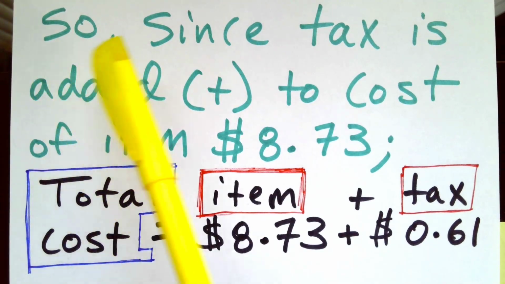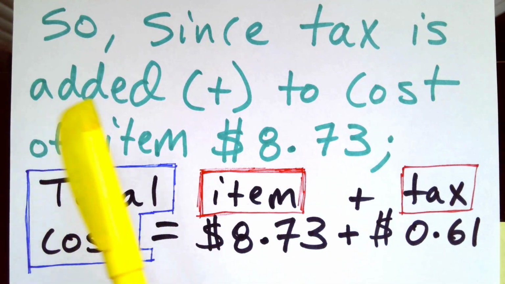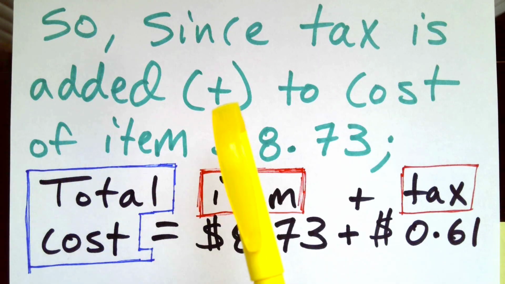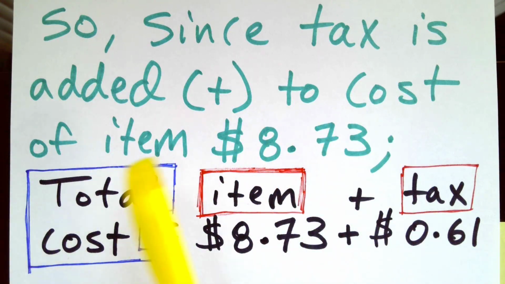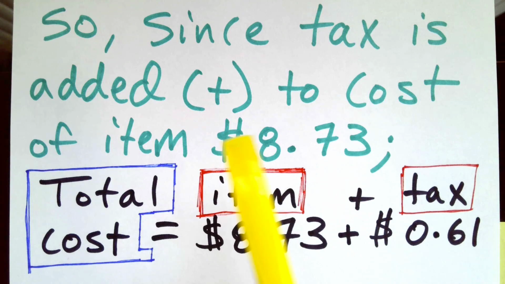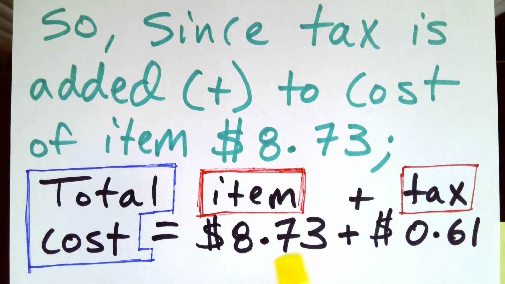So, since tax is an addition, or we added it to the cost of the item, in this case $8.73 for the pair of socks, your total cost will equal the item, in this case again $8.73, plus the tax, which would be 61 cents.